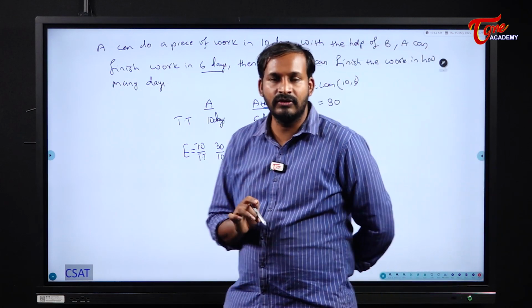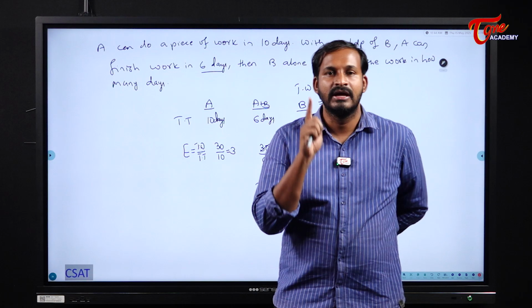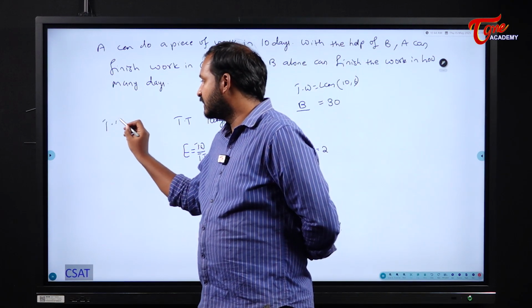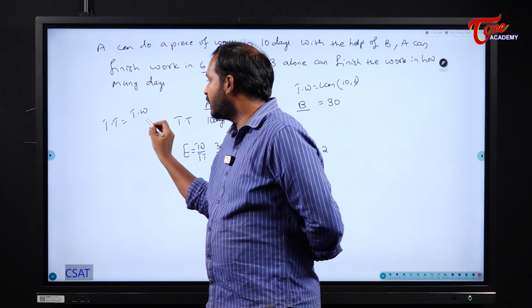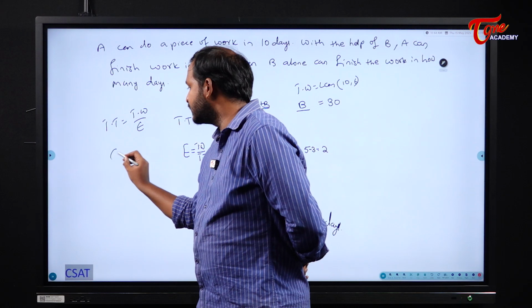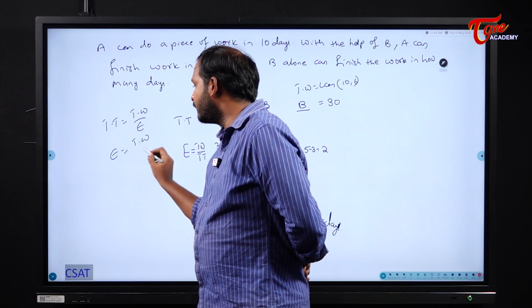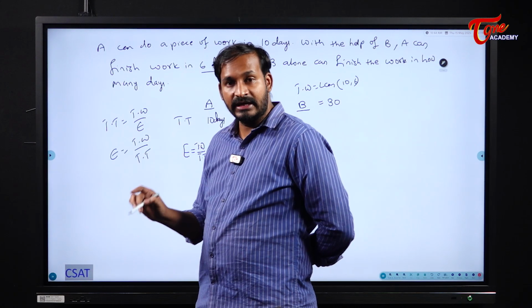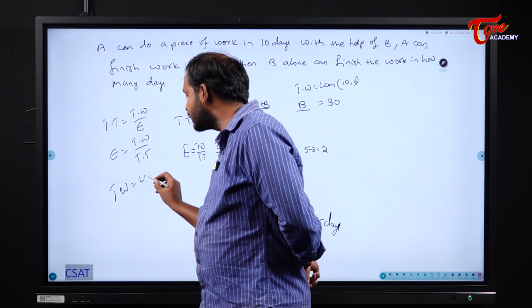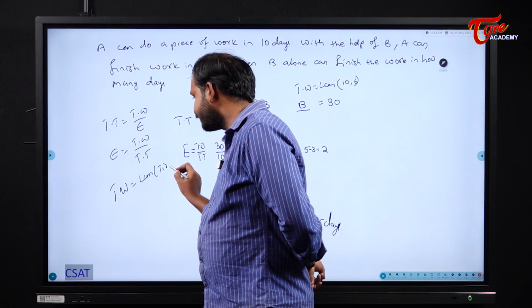Here you need to remember a few things. First thing, total time taken is equal to total work by efficiency. From this only we will write efficiency is equal to total work by time taken. And then next, how will we find the total work? We will find the total work by the LCM of given times.